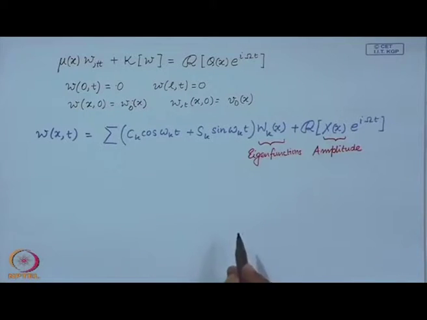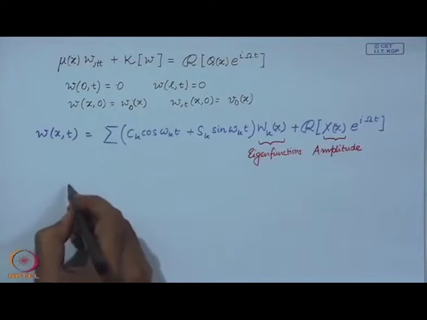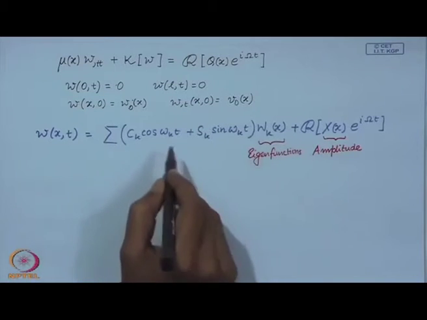So, this is the solution form that we have for a system like this, and when we substitute this solution in the equation of motion, this homogeneous solution actually goes to 0.